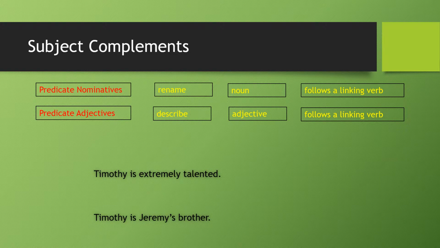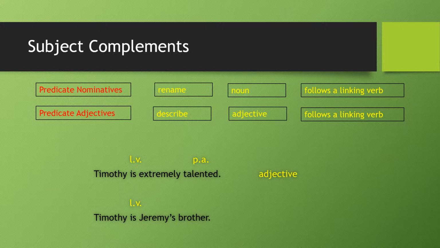Timothy is extremely talented. Timothy is Jeremy's brother. Both of these sentences have the linking verb is as the verb of the sentence. In the first sentence, Timothy is extremely talented. Talented is not a noun, it's an adjective.